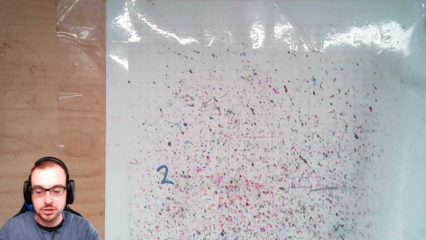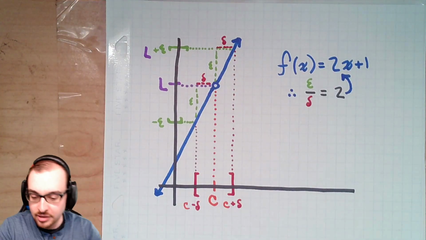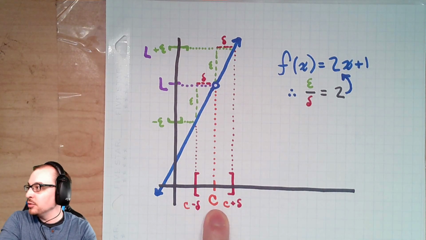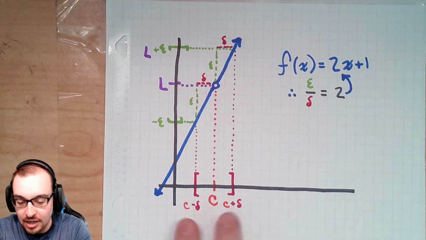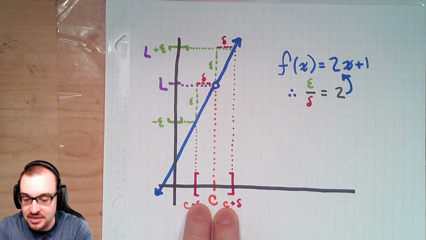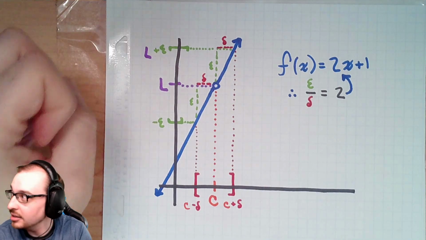So if we look at our function, 2x plus 1, here's an interesting value, whatever value we're interested in. We're trying to find the limit at this point. So if we look, delta is our range around here, right? And that naturally corresponds with a range here around L. I think I'm missing an L here.